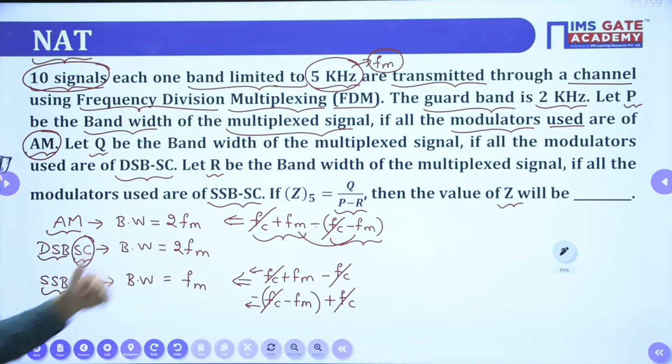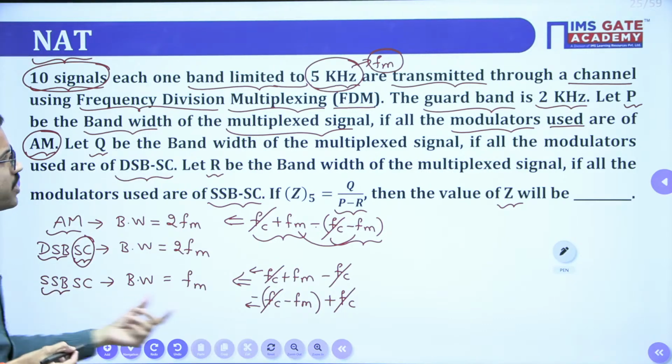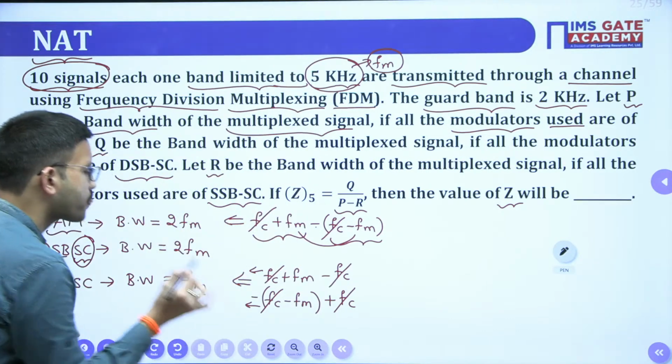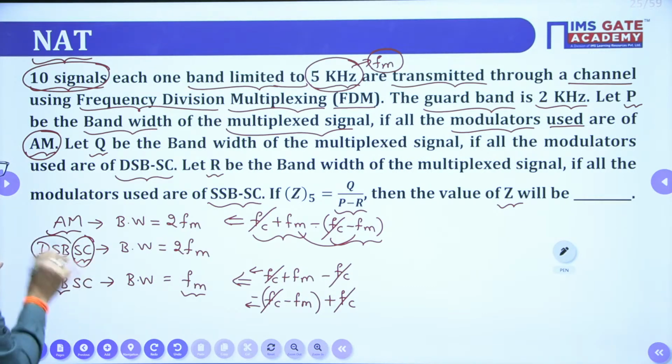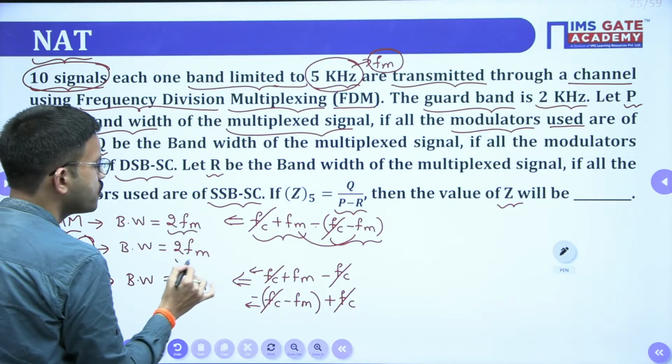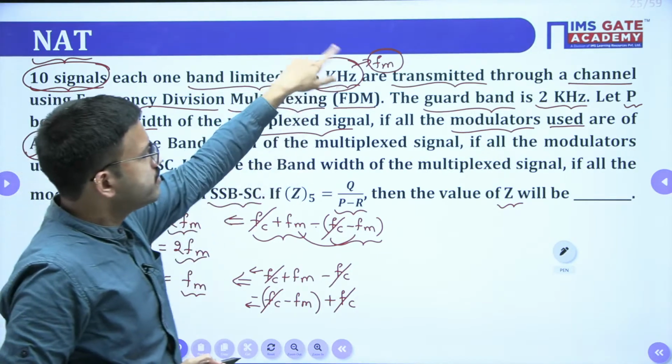Either way you finally get FM. In simple words, if you have only a single band, whatever the maximum frequency of the signal is, that is the bandwidth. If you have both sidebands, you multiply by 2 the message signal frequency.